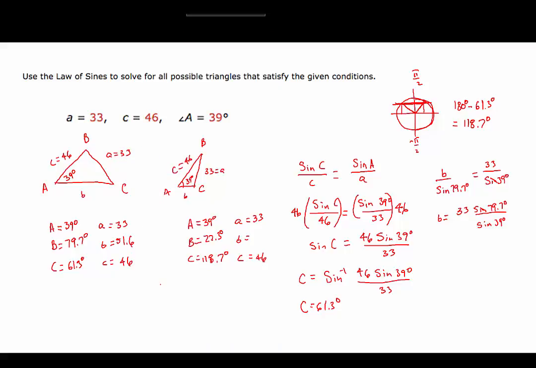Then we would perform that same function again, only this time we would use 22.3 degrees for B. So for the second triangle, we would have B equal to 33 sine 22.3 degrees divided by the sine of 39 degrees.